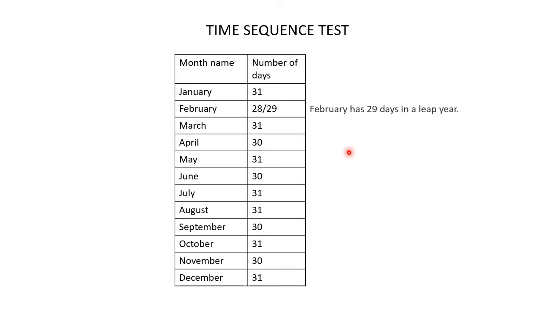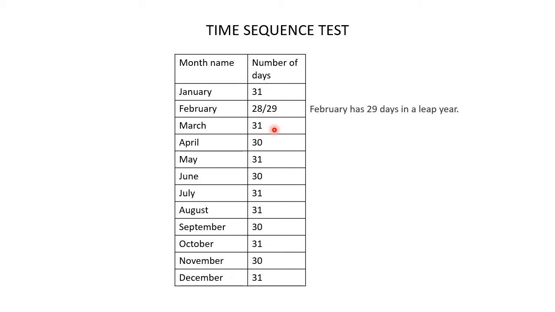Here is a table which shows the number of days in each month. In January, there are 31 days. In February, depending on whether it's an ordinary year or a leap year, there are 28 days or 29 days. There are 28 days in an ordinary year and 29 days in a leap year.